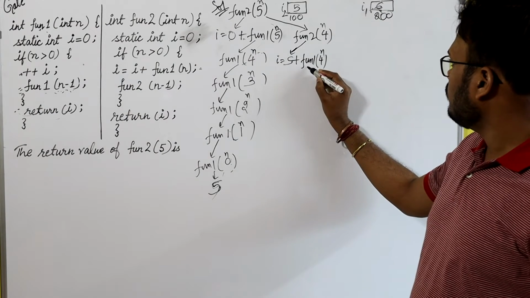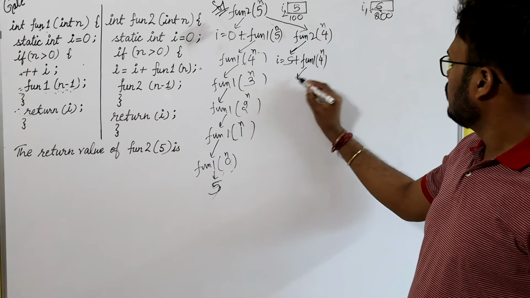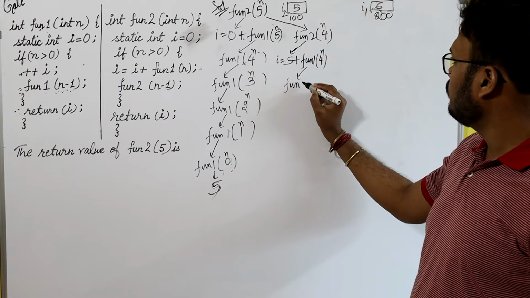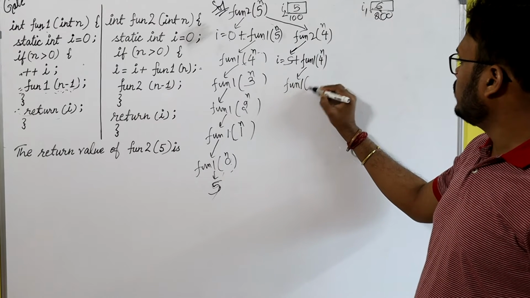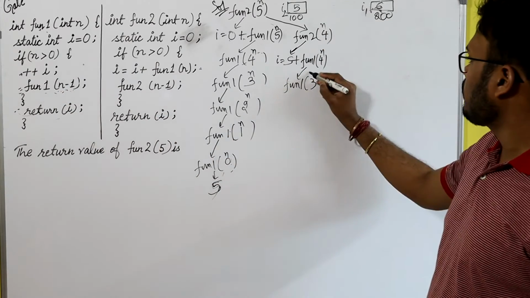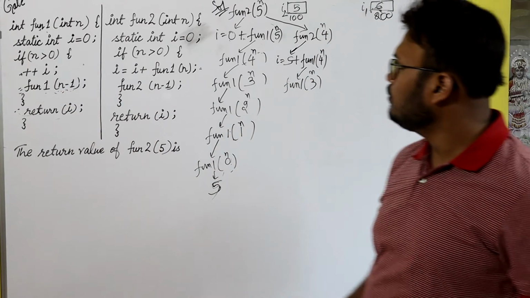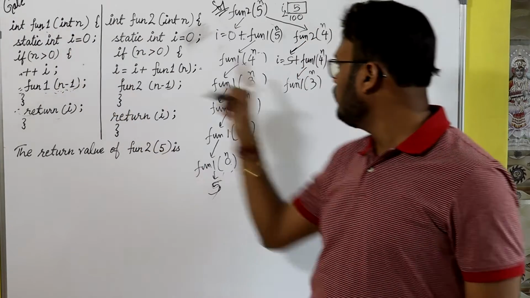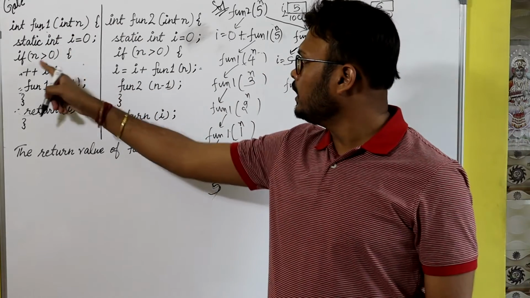Now fun1 is calling this time fun1 with n minus 1, so 4 minus 1 is 3. So again, let's come here. The value of n will be 3. So now 3 greater than 0.